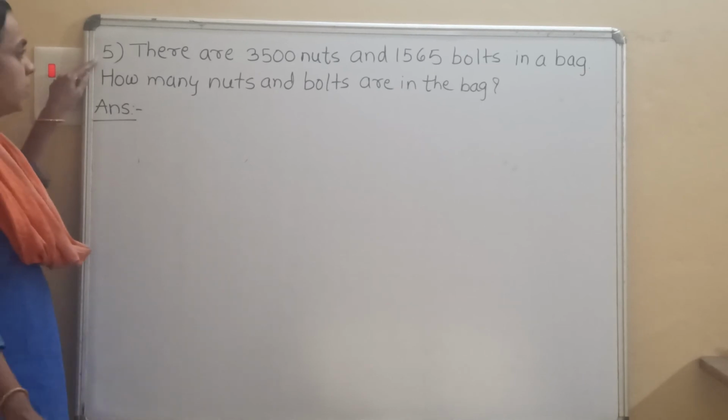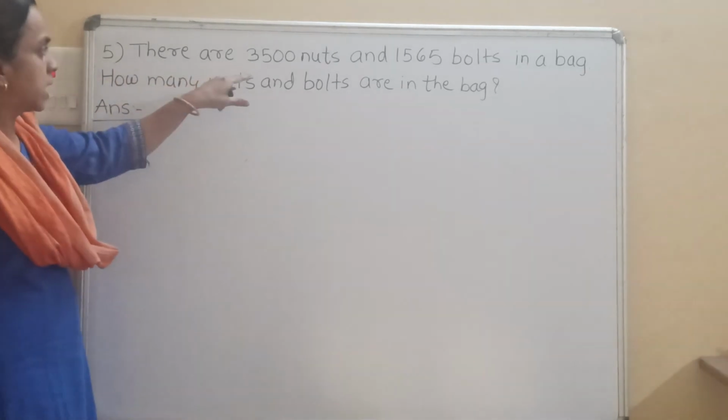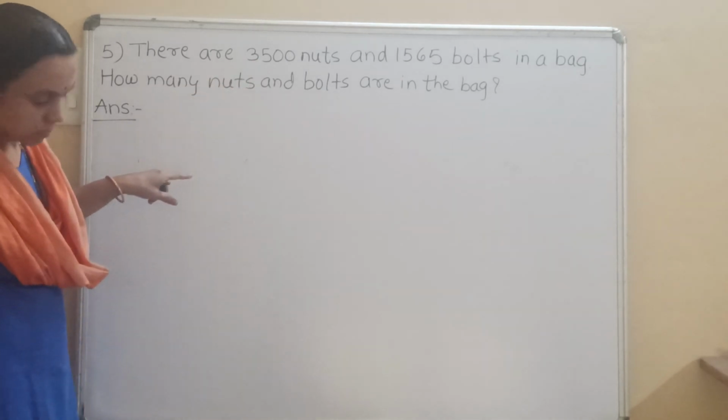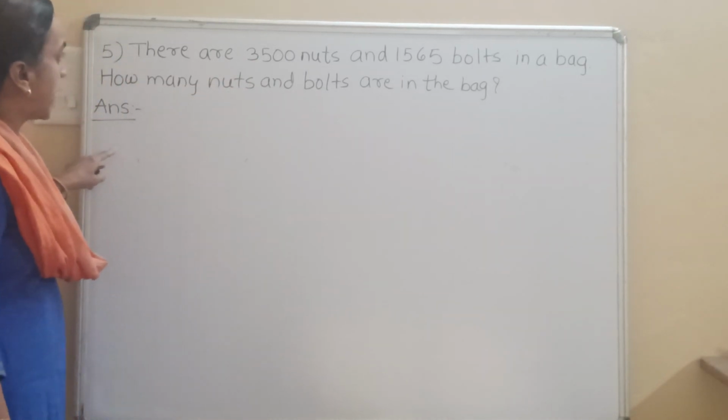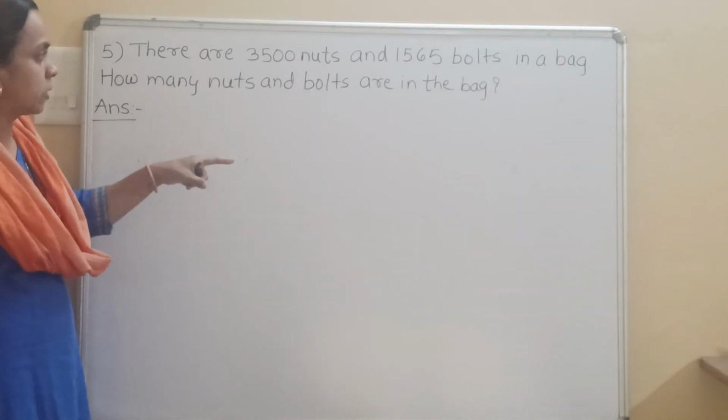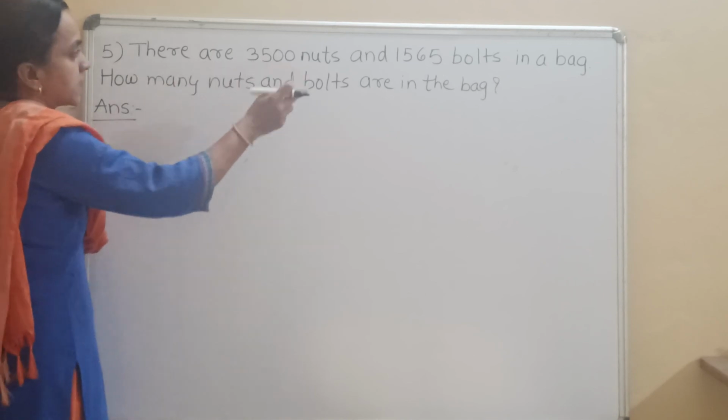So now see fifth question. There are 3,500 nuts and 1,565 bolts in a bag. How many nuts and bolts are in the bag? So we simply have to add nuts and bolts.